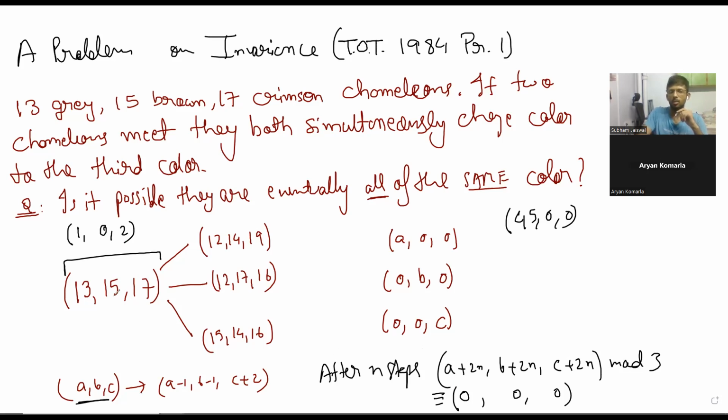Otherwise they would have to be equal mod 3, because this implies that a minus b is 0 mod 3, which means they would be congruent. But that is not the case. They are not equal mod 3. That is it.